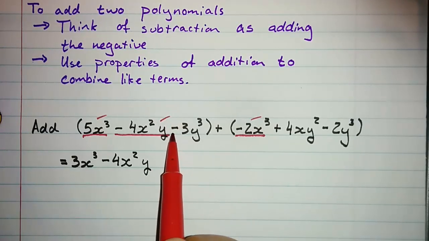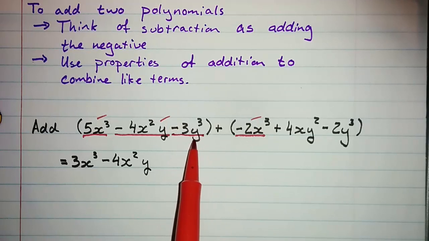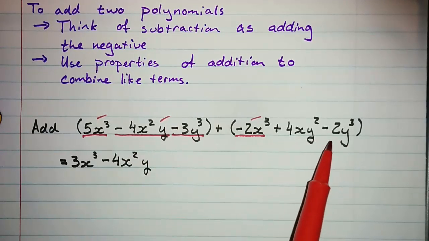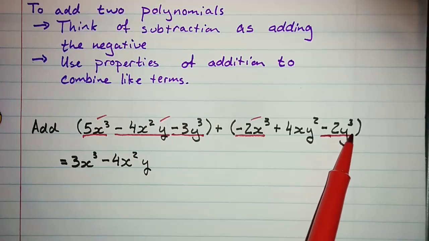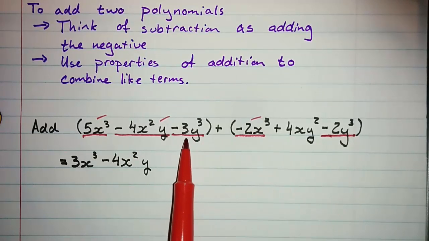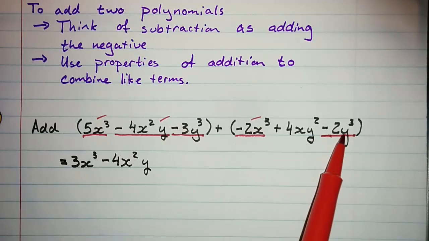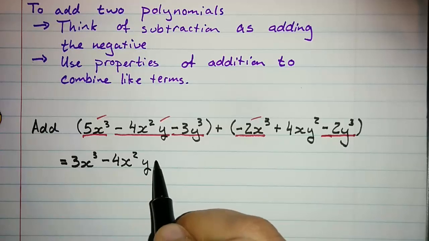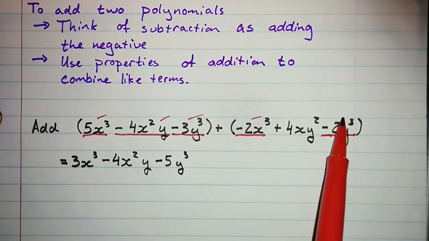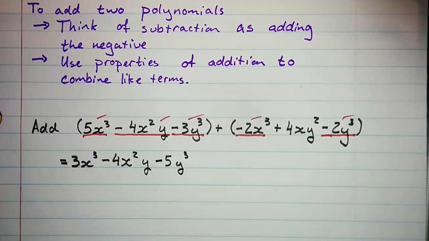Next I have a negative 3y cubed. Do I see any other y cubed terms? Yes, I do over here, a negative 2y cubed. Negative 3y cubed plus negative 2y cubed, that'll be negative 5y cubed. And now I'm finished with those terms.